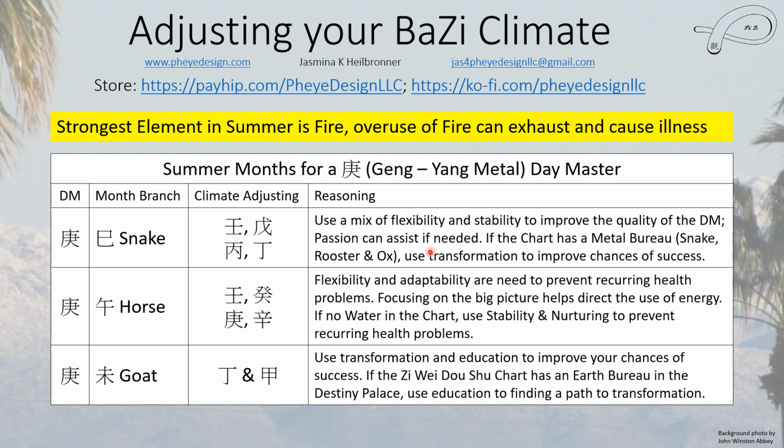Passion is usually fairly necessary for a yang metal day master because they need something to focus on, and a passion helps do that. Now, if there is a metal bureau where you have all three of these animal signs, you're going to use transformation, and that is take an idea from one successful thing and apply it to your current problem.